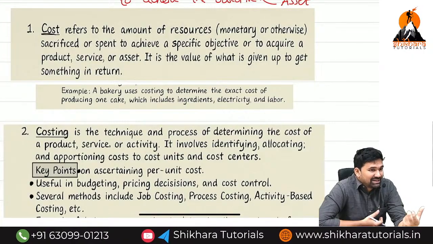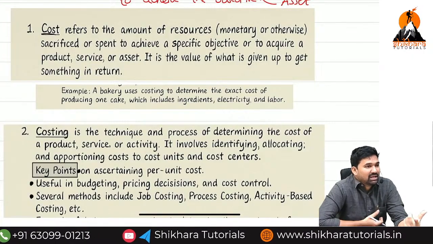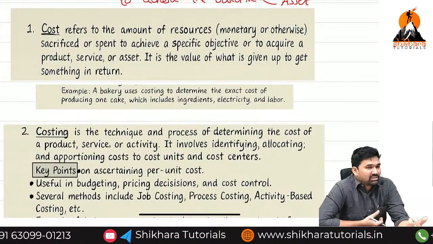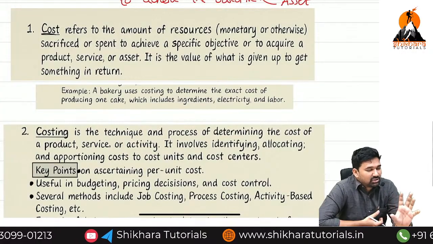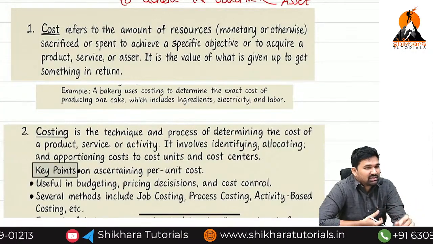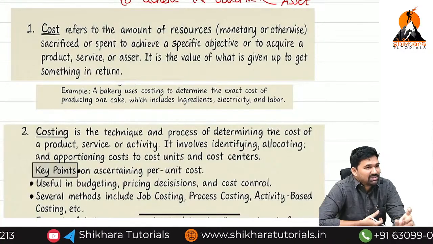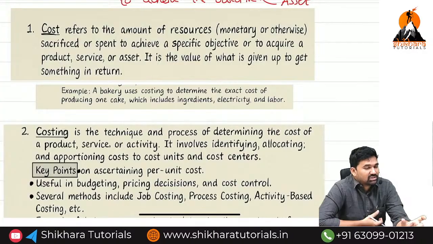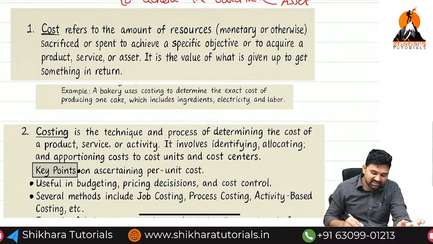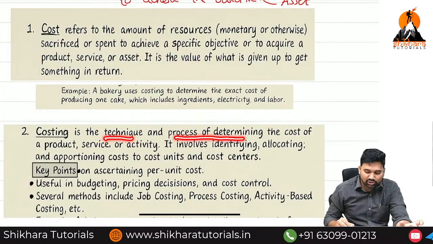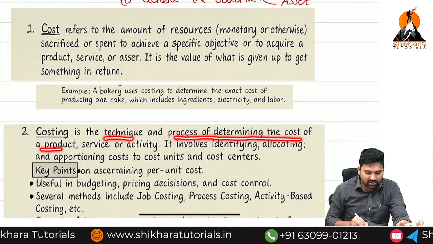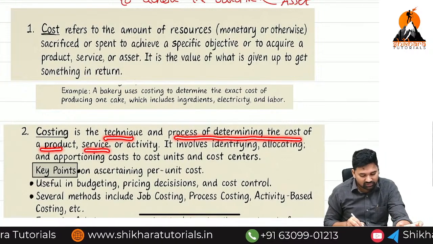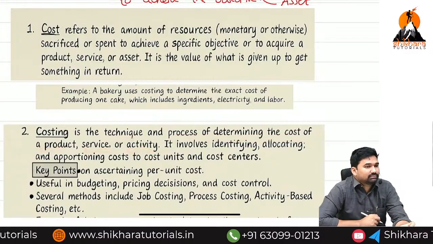These are all the techniques which are available in costing scenarios, and this bunch of techniques and scientific scenarios will be called costing. So costing is the technique and process of determining the cost of a product, service or activity.